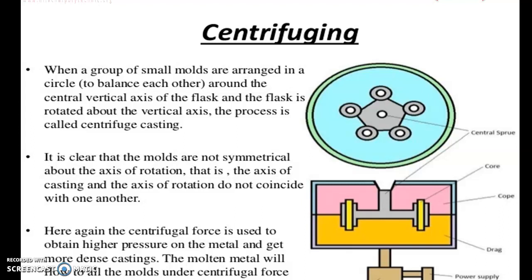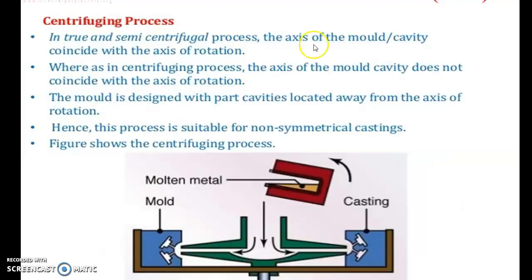This entire mold is rotated about the axis of rotation. This type of casting is suitable for small castings. Here you can see in this figure, it is not a purely true centrifugal process.